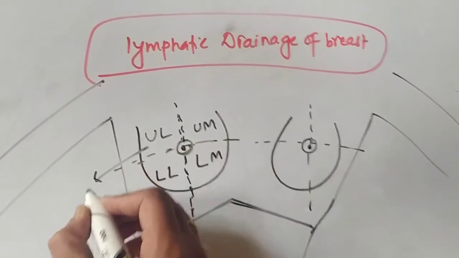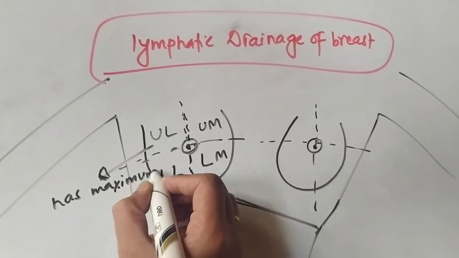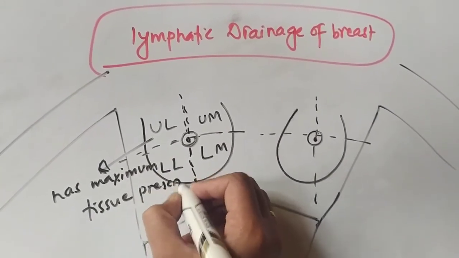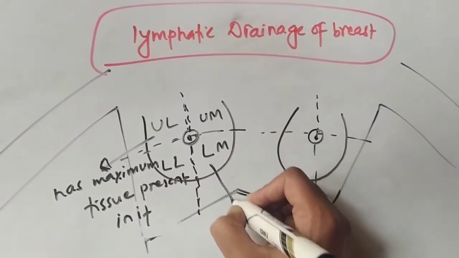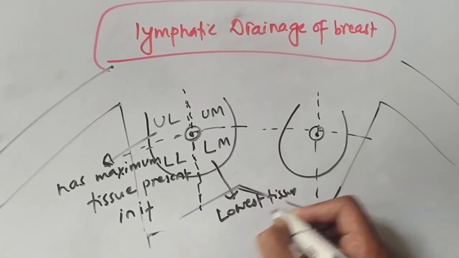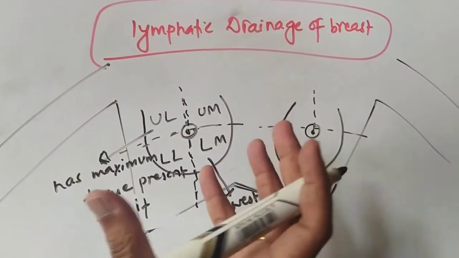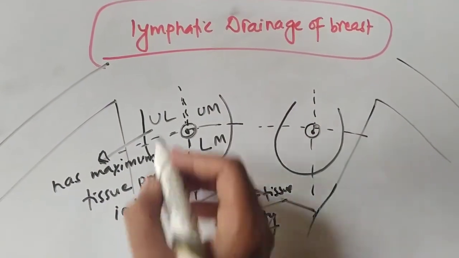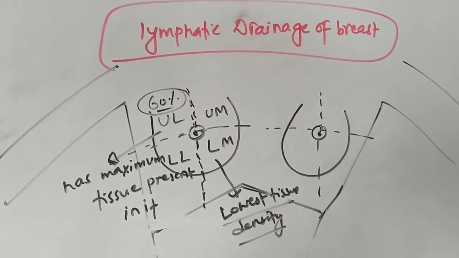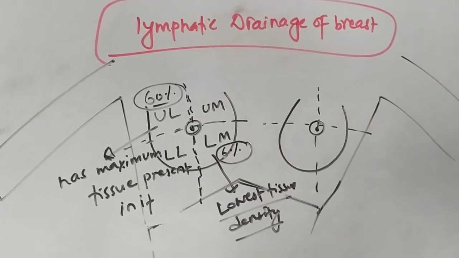So actually the upper lateral quadrant has the maximum tissue present in it, and the lower medial quadrant has the lowest tissue density in it. So if we take the overall breast quantity as 100%, then almost 60% of the breast tissue lies in the upper lateral quadrant, and almost 6% of the breast tissue lies in the lower medial quadrant.